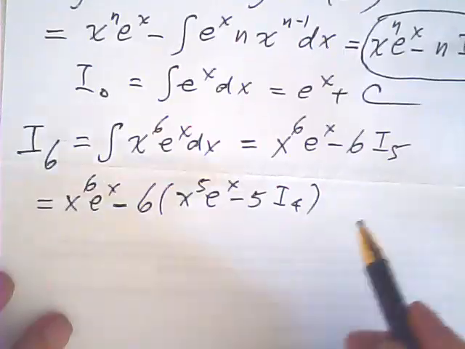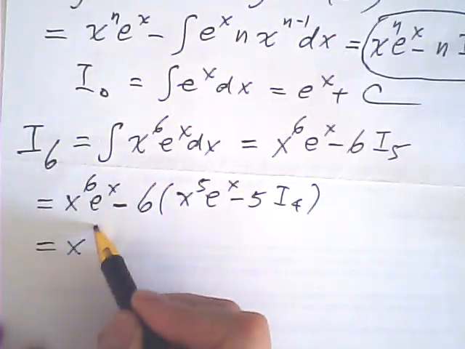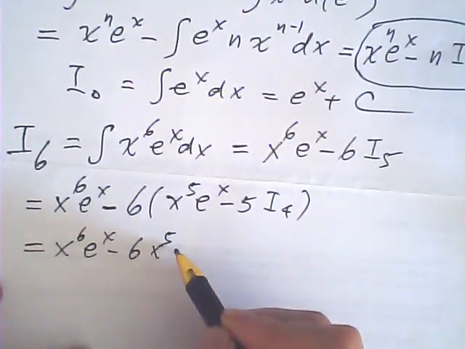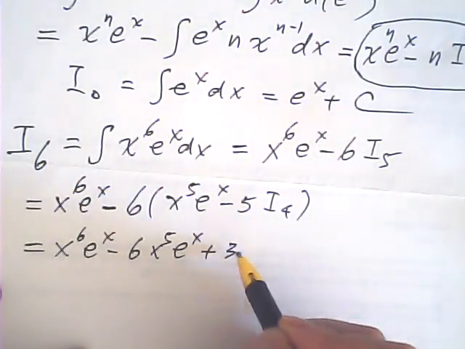And just continue: x^6 e to the x minus 6x^5 e to the x plus 30 I4.